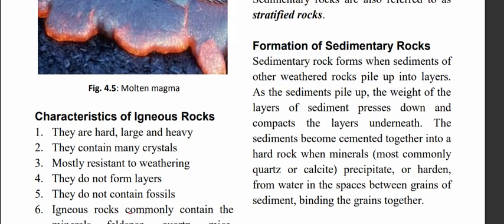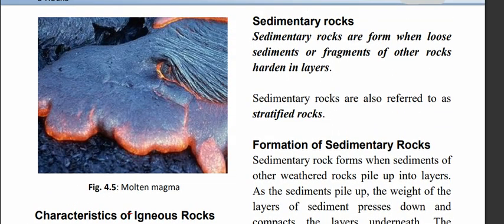Now let's move on to sedimentary rocks. What are sedimentary rocks? Sedimentary rocks are formed when loose sediment or fragments of other rocks harden in layers.